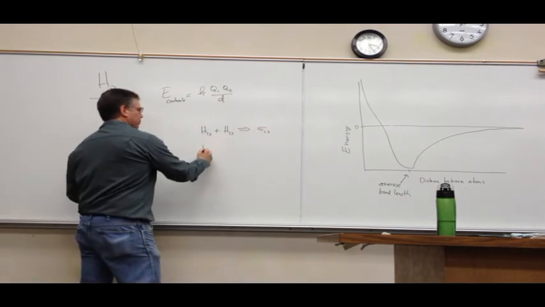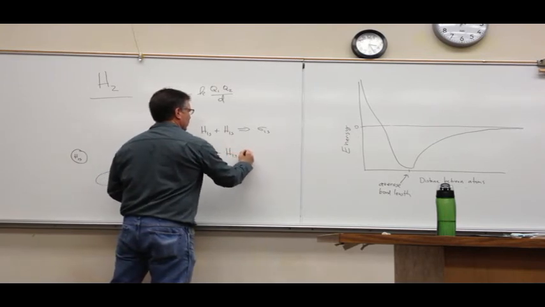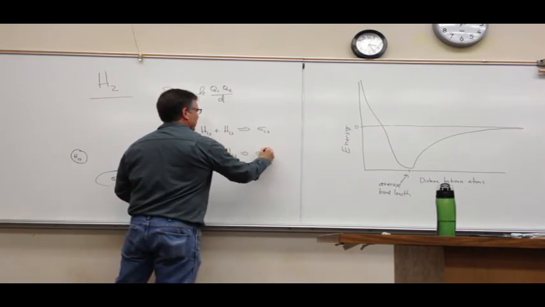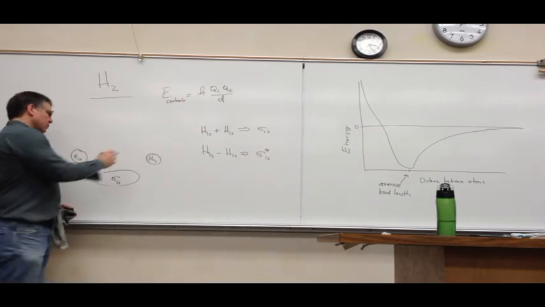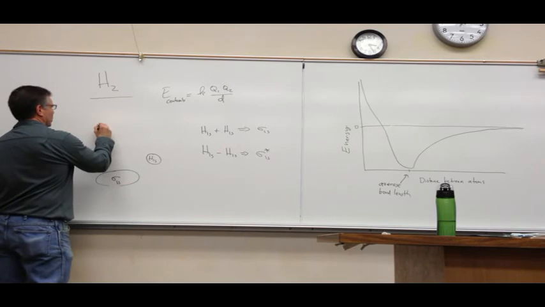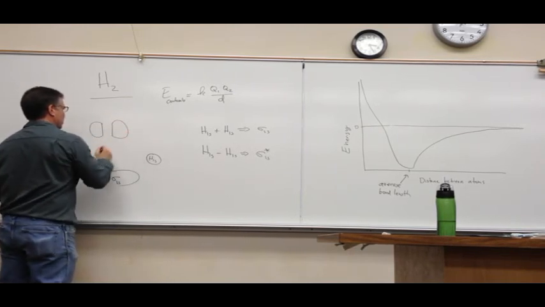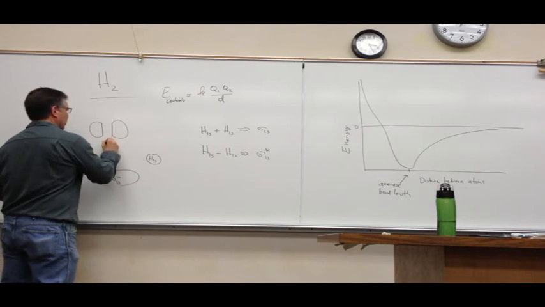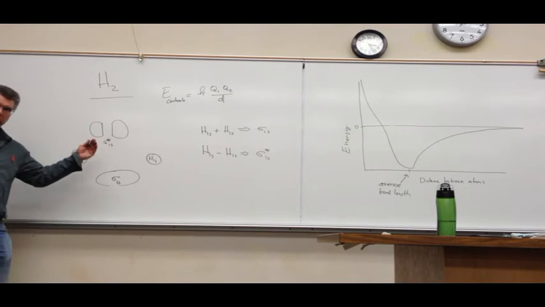If we subtract them, you get what's called an anti-bonding molecular orbital. It looks something like this. The asterisk, the star, means anti-bonding.